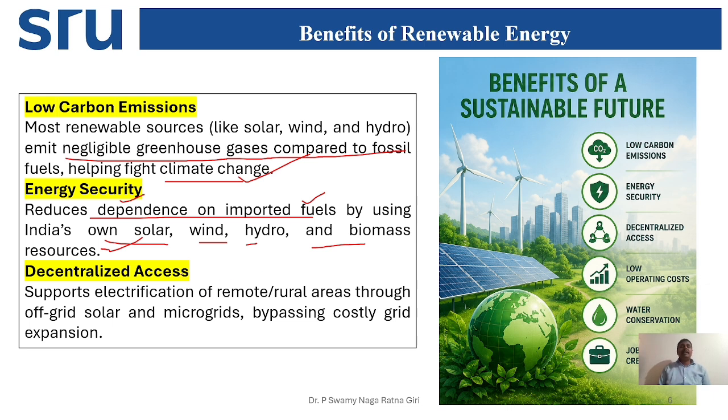So the next one is decentralized access, which is very important. Even though you have energy, you have to use it in a proper way. It supports electrification in remote rural areas through off-grid solar systems and microgrids, bypassing costly grid expansion. Wherever the usage is less, we have to divert it to where usage is high, using off-grid solar systems.